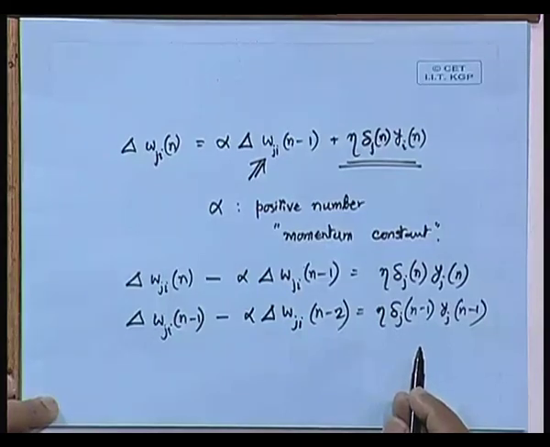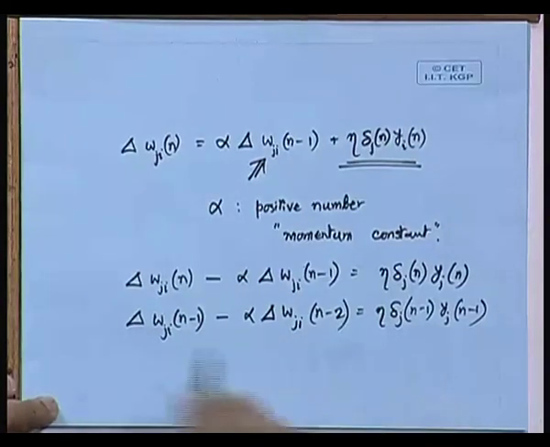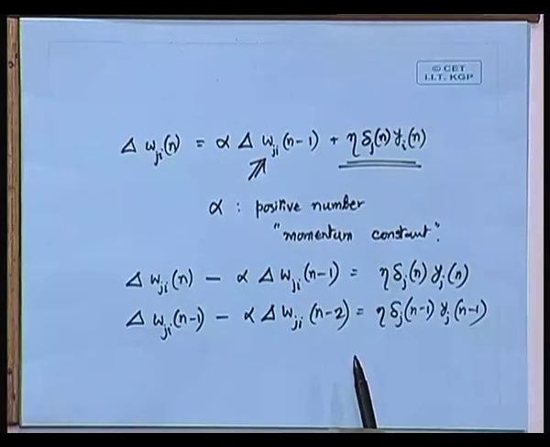So like this we can go on for n minus 2, n minus 3 and so on, up to n minus n, that is Wji(0), which means the initial value.